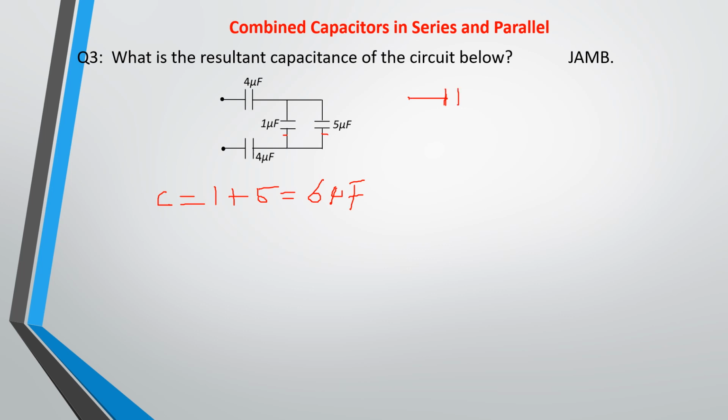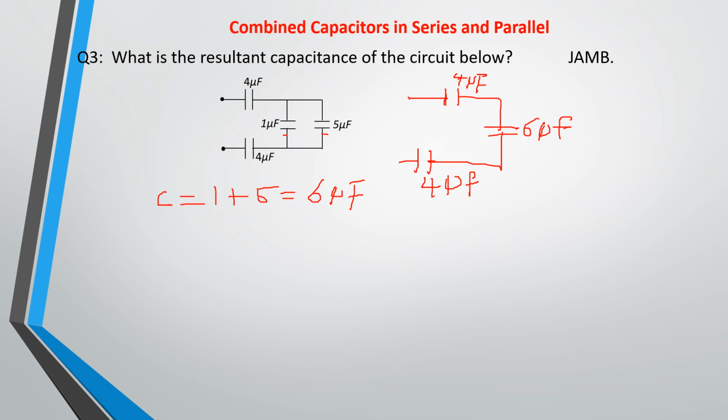So your drawing will now look this way. So this is your 4 microfarad, this is 6 microfarad, and this is 4 microfarad. So you find out this arrangement now is what is in series.